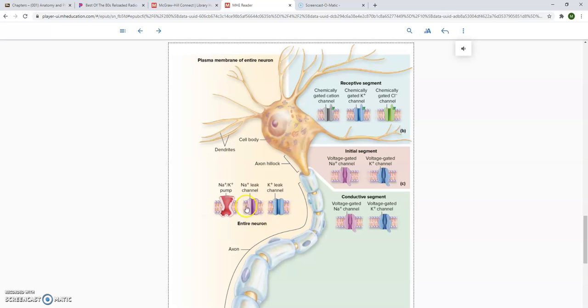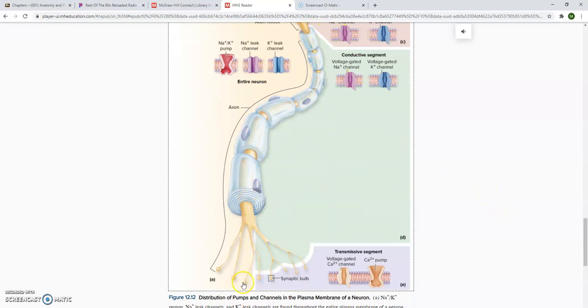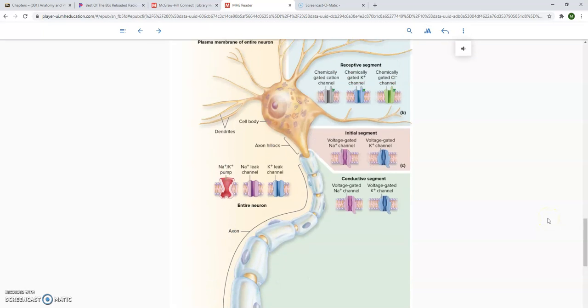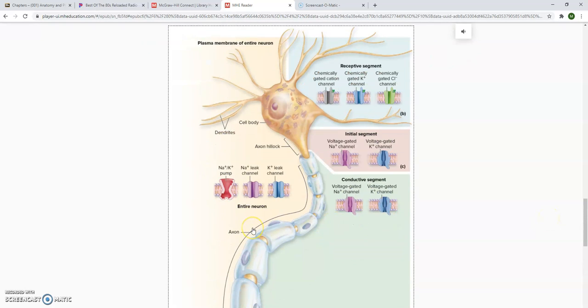Just like the sodium-potassium pump, you can find them along the dendrites, along the cell body, and along the axon, down to the axon terminals. So everywhere. We'll talk about what role they play when we get to neurophysiology, but first thing you need to remember is where they're located. They're located everywhere along the neuron.